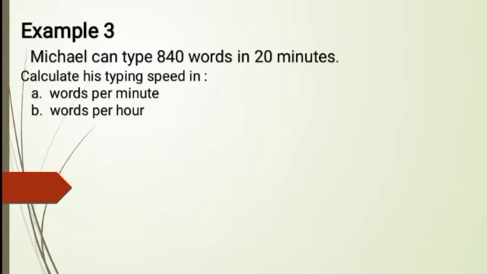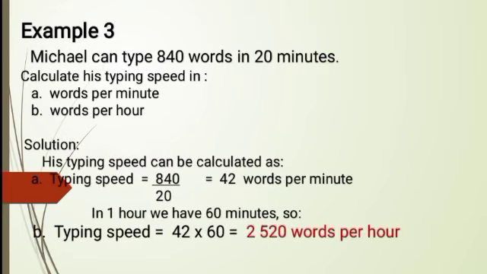For example number 3, Michael can type 840 words in 20 minutes. Calculate his typing speed in A. Words per minute, B. Words per hour. To show the solution, his typing speed can be calculated as typing speed is equal to 840 divided by 20. If we divide 840 by 20, we get 42. So the answer is 42 words per minute.